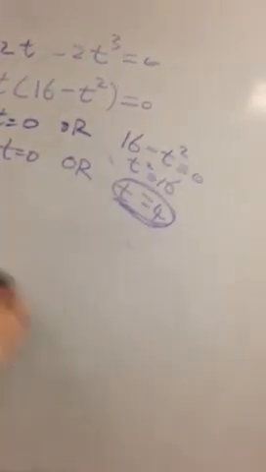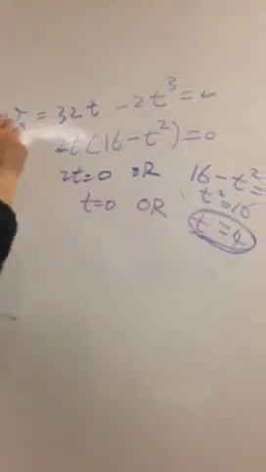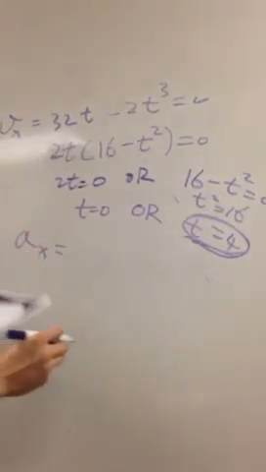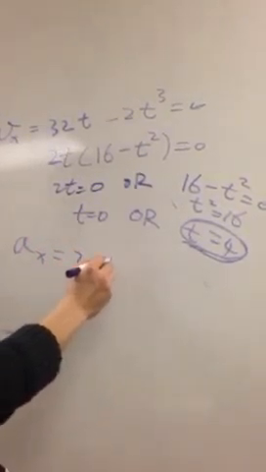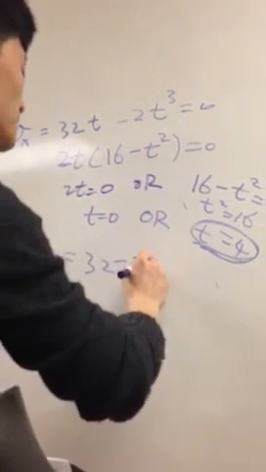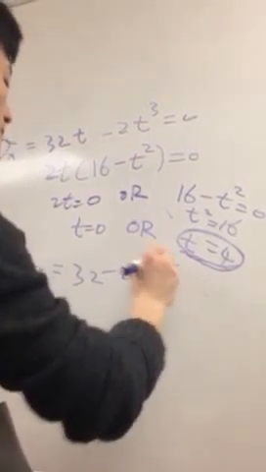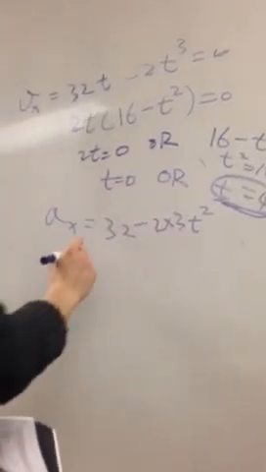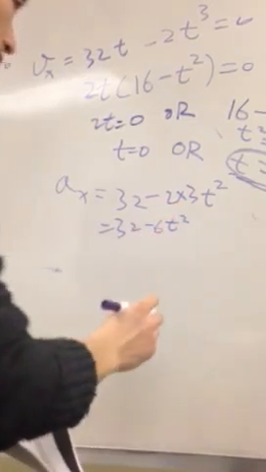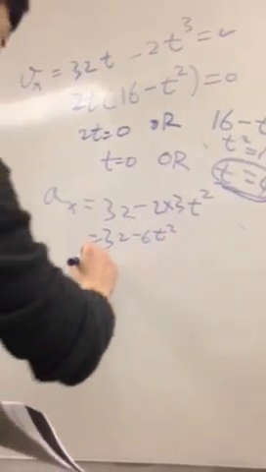So if you take the derivative of the velocity, it will be the acceleration, right? 6t squared, exactly. And then you plug in the 4.